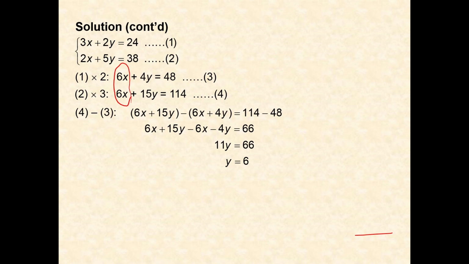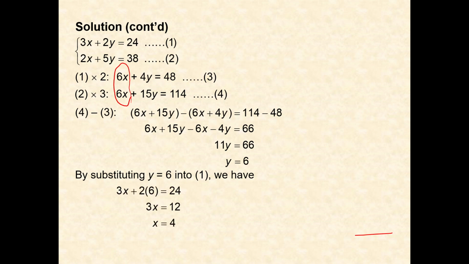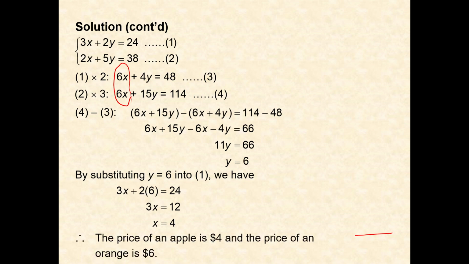And then we substitute this 6 back into the first equation. Then we have x equals 4. And then to answer the question, the price of an apple is $4, and the price of an orange is $6. And so that's all for example 3.